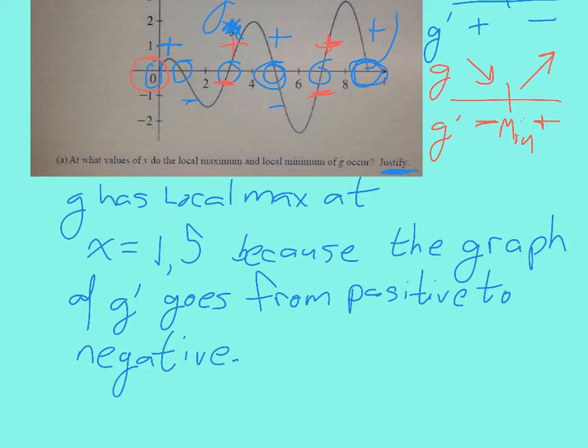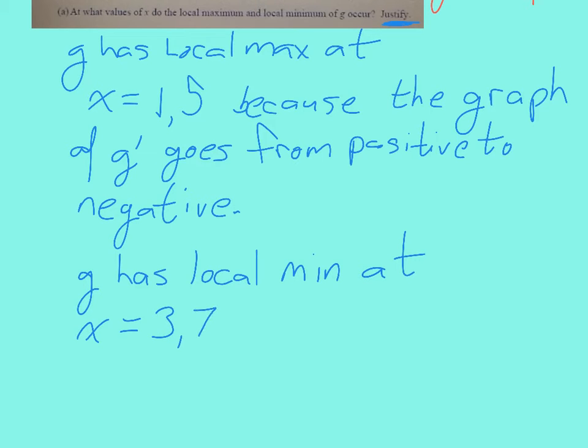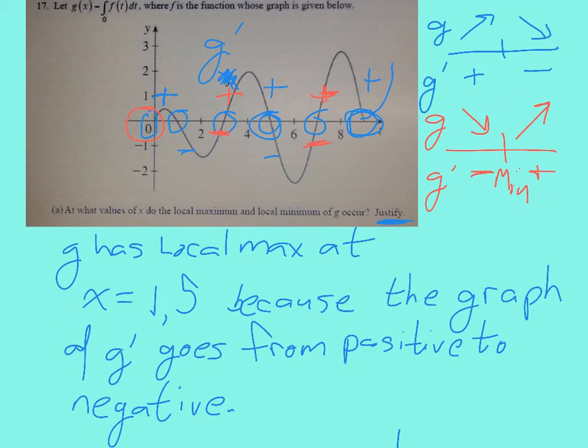Now, just like 9 before, we can't tell what was happening before 0, so we can't say that that's a minimum. So I'm going to move this up, and we'll answer that last question. Say g has local min at x equal to 3 and 7.